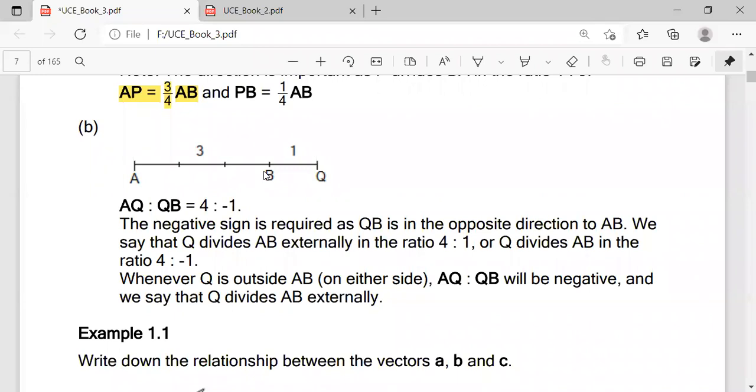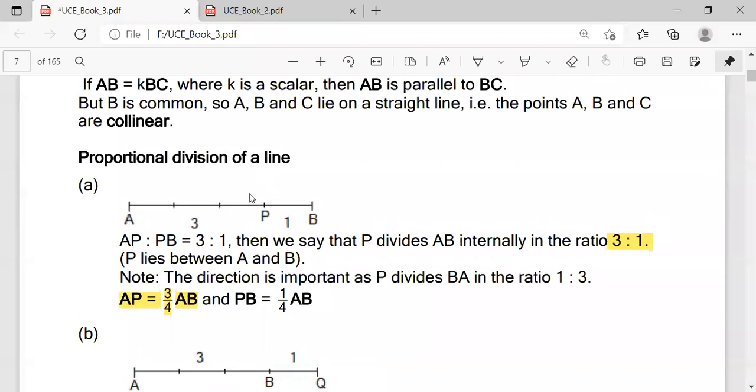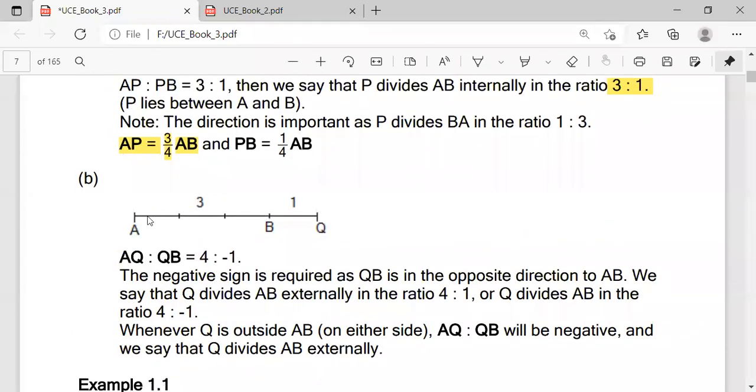It is 4, correct? So remember our line was AB and there was P inside. So this time we have a line AB, but there is Q outside.